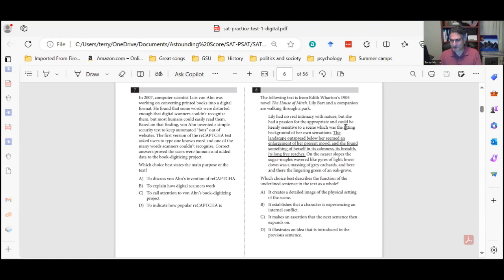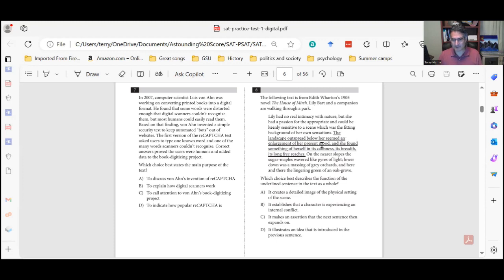A scene which was a fitting background. Okay, fitting background, that would be the landscape of her own sensations. That would be her mood. So yes, this sentence seems to illustrate what is being talked about in this first sentence a little better. So D, absolutely the right answer.